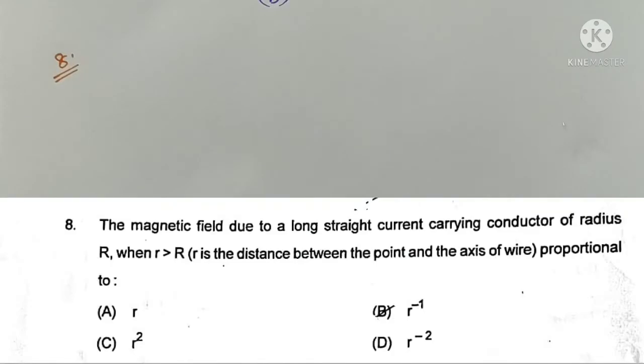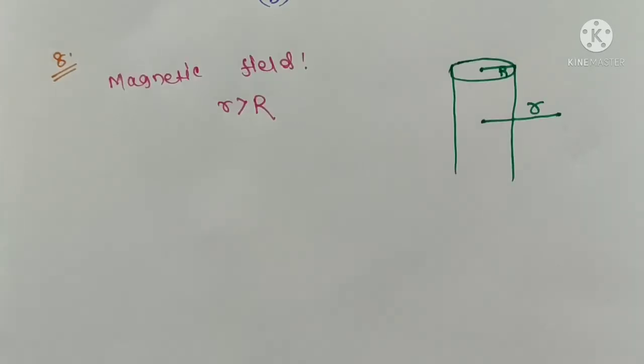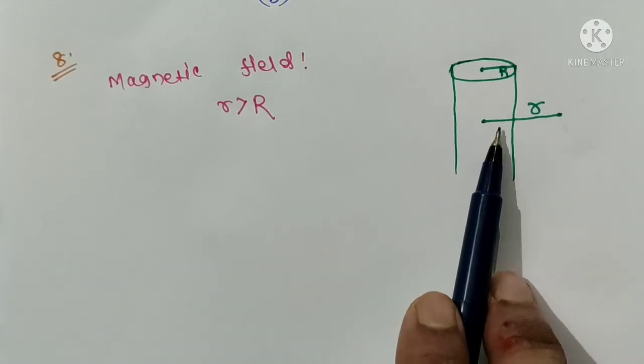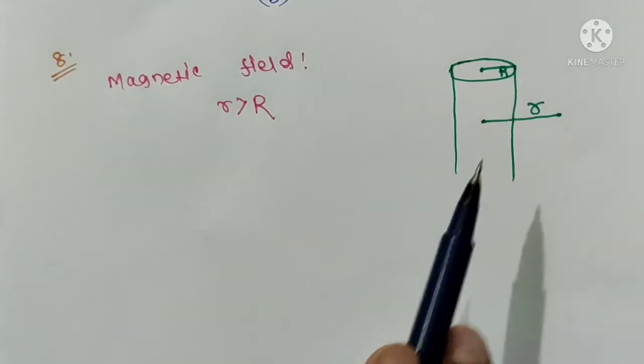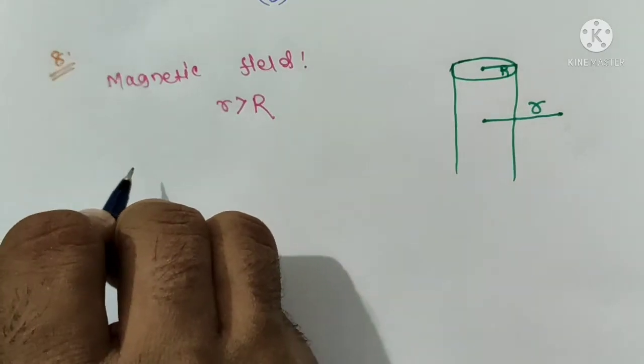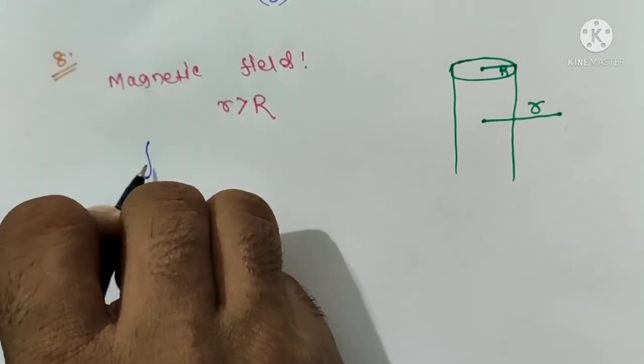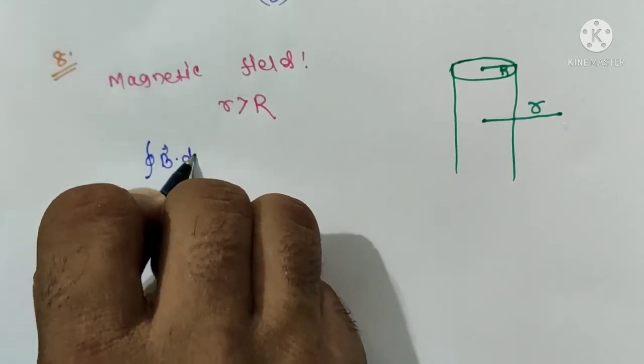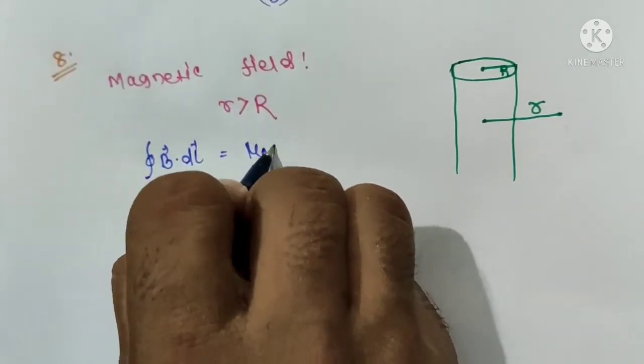Question number 8. The magnetic field due to a long straight current carrying conductor of radius capital R when small r greater than capital R is proportional to. So we have to define magnetic field for a conductor at a distance r which is greater than its radius. Now from the Ampere's circuital law, that is closed line integral of magnetic field equals to mu naught I enclosed.